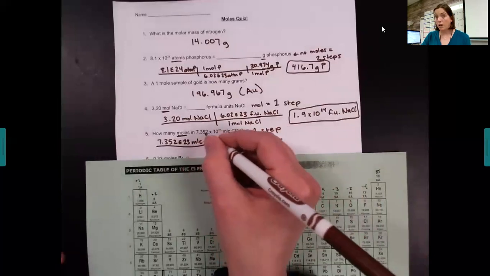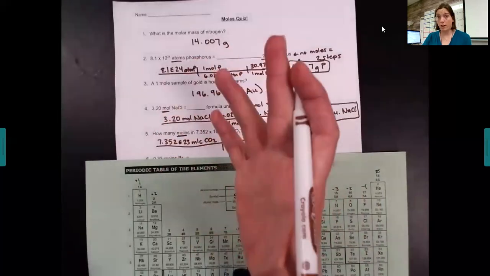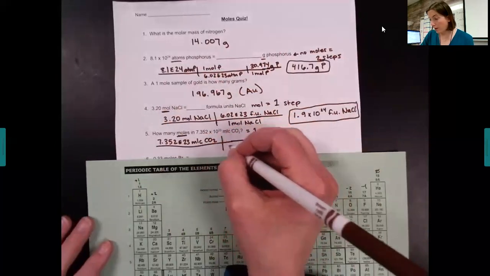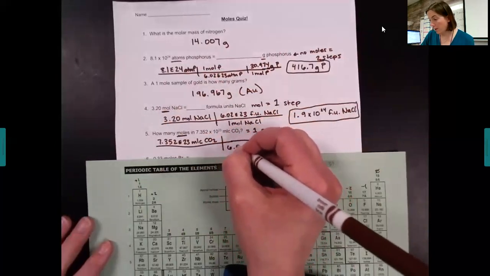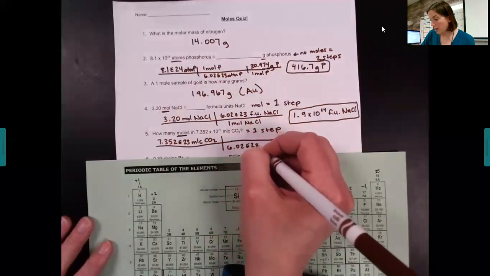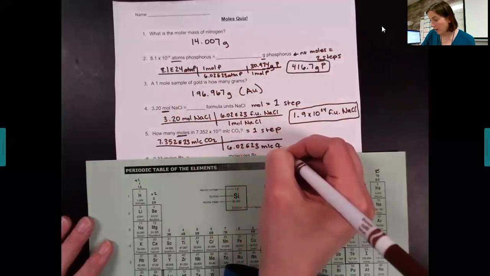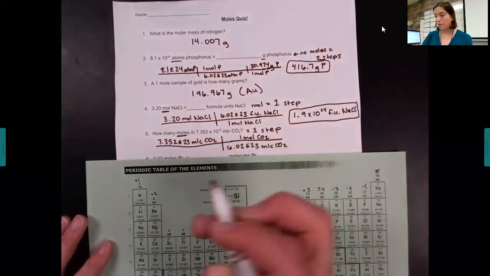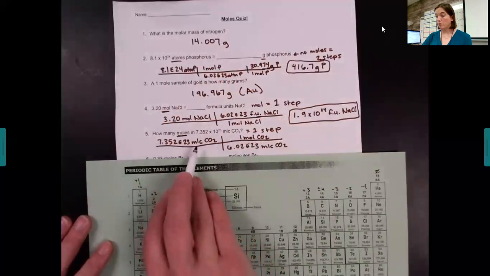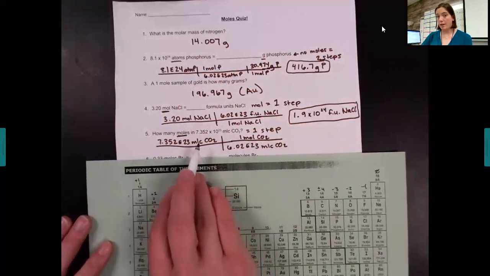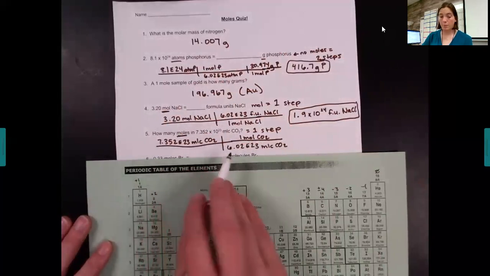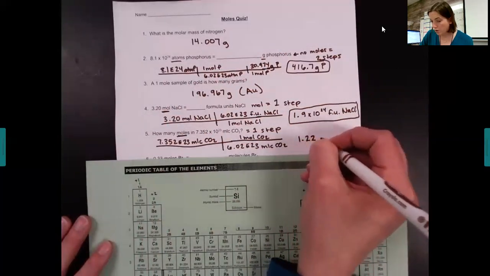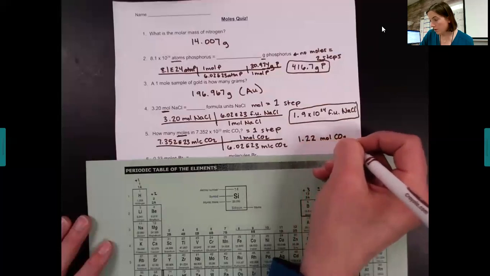Molecules means we're going to be using Avogadro's number because that's the number of particles. Since we have molecules here, molecules is going to go on bottom, so 6.02 E23 molecules of CO2 for every 1 mole of CO2. Because we're looking for moles, we're going to divide molecules by Avogadro's number, and when you do, it's 1.22 moles of CO2.